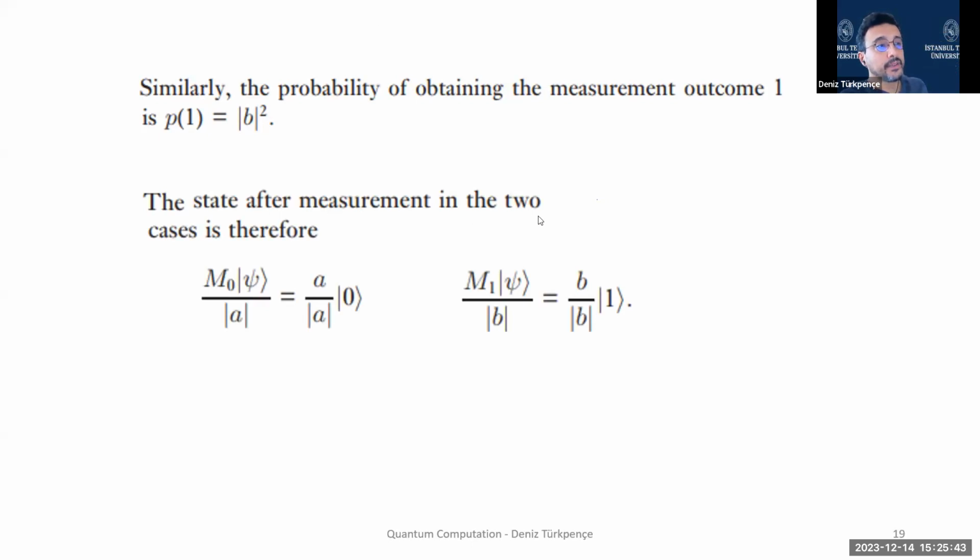And the state after the measurement in the two cases is going to be in this form: A divided by A modulus multiplied by 0, and B divided by B modulus multiplied by 1. Okay. So how is this possible? We can also check this, because here we implicitly assume that this multiplication is equal to this, okay?